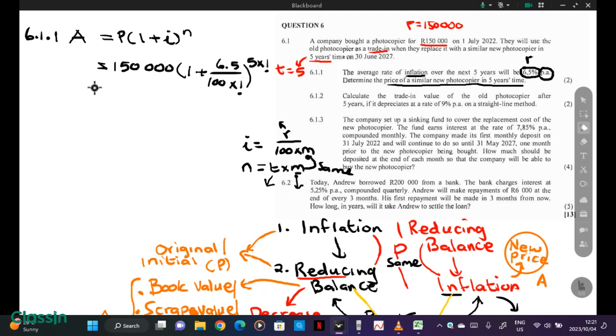So when you press this on a calculator, you'll get 205,512.999, but because we are calculating the value of money, the value of A will be 205,513. So in this case, the new price of the new photocopier will be 205,513 rand.